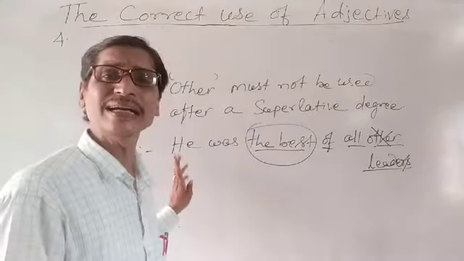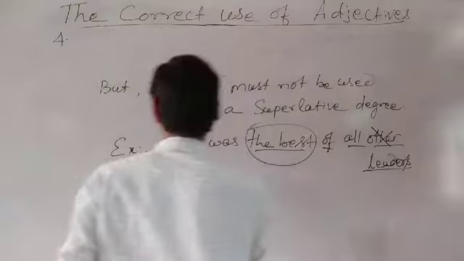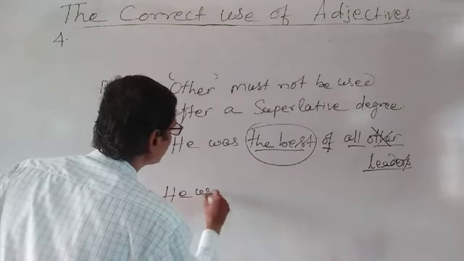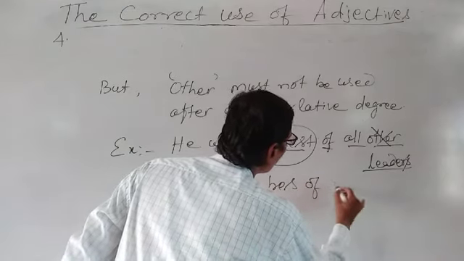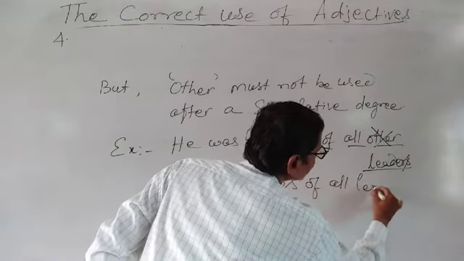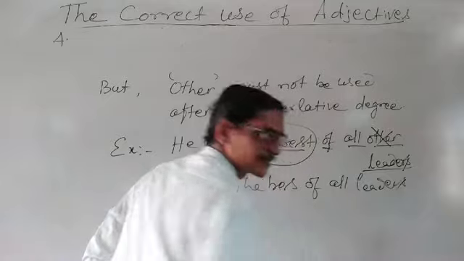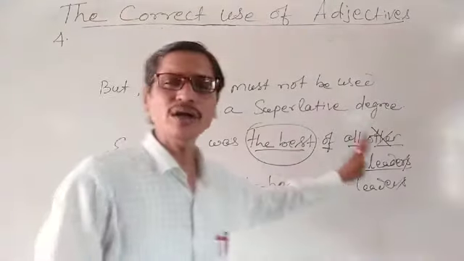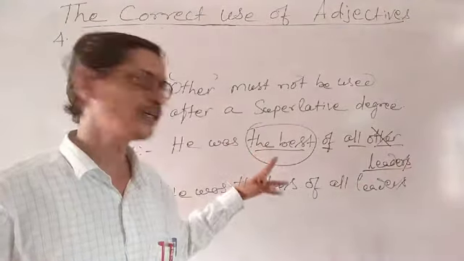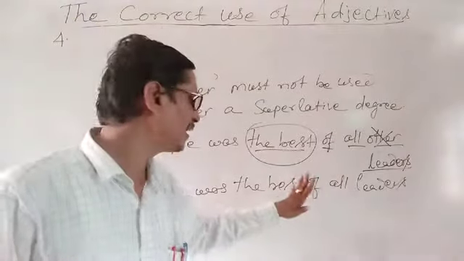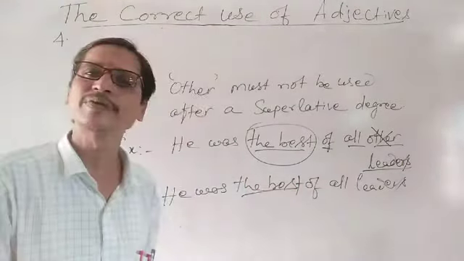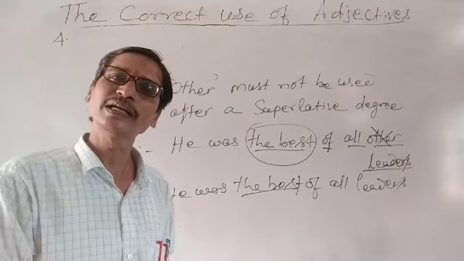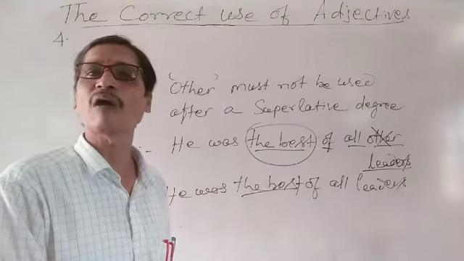We cannot use the word other while we are using the superlative degrees or after the superlative degrees. So for that, what will it be? It will be: he was the best of all leaders. Instead of using all other leaders, we should use all leaders because it is followed by a superlative degree. So in superlative degrees, we cannot use the word other.